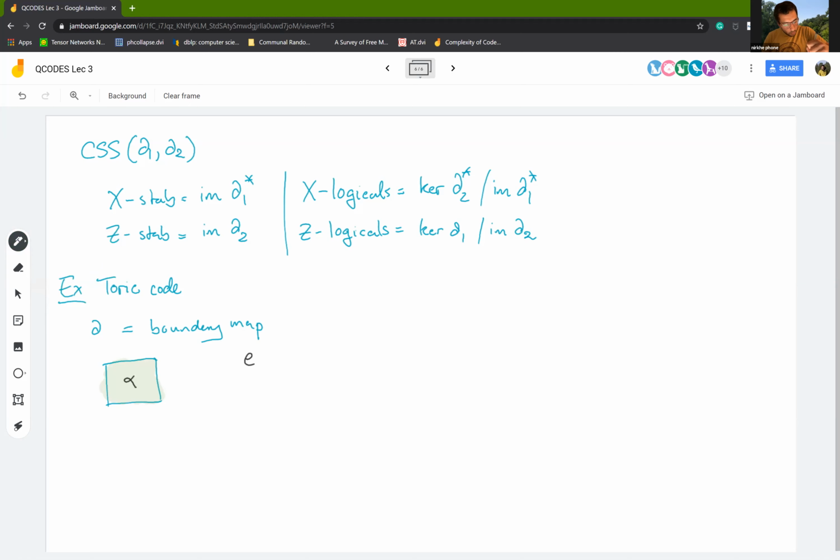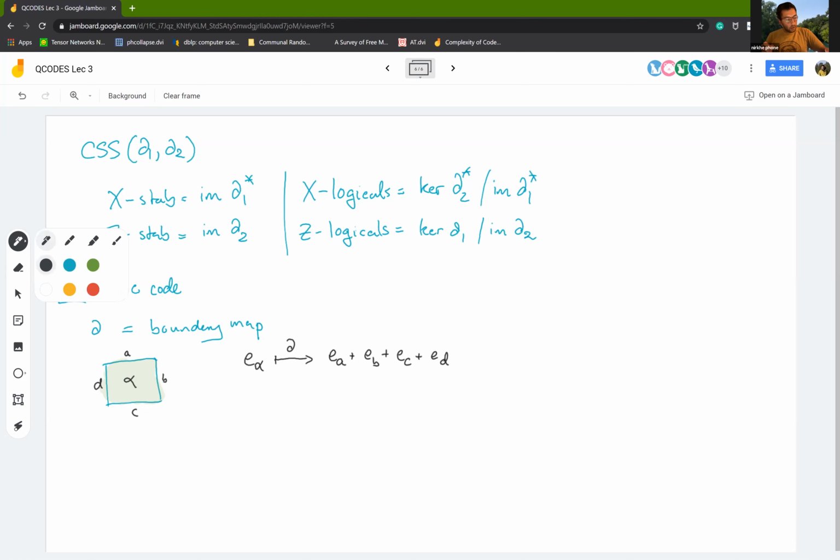The boundary map takes the indicator vector on alpha to EA plus EB plus EC plus ED, right? It takes the indicator vector for that face to the set of vertices.